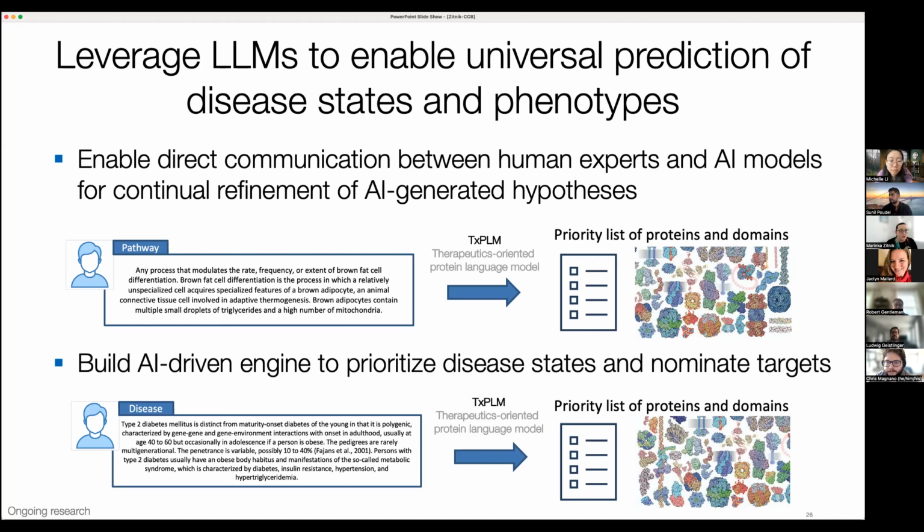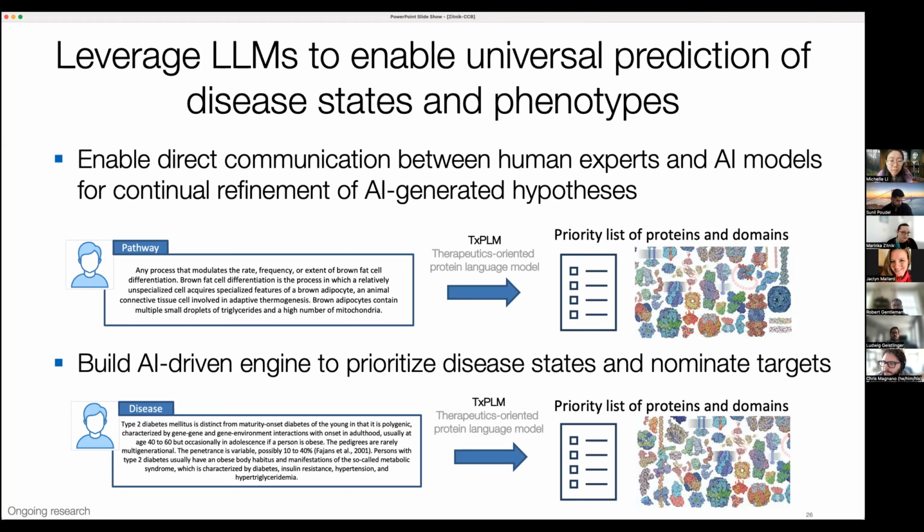And so the way this is possible nowadays is to leverage large language models to essentially design a version of these interfaces that can enable direct communication between human experts and AI models.